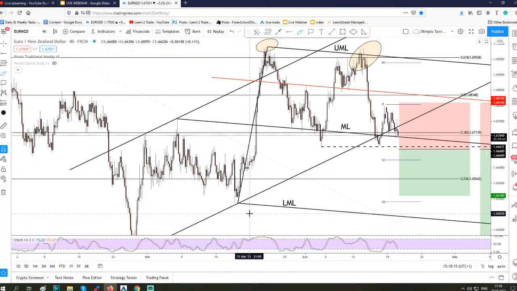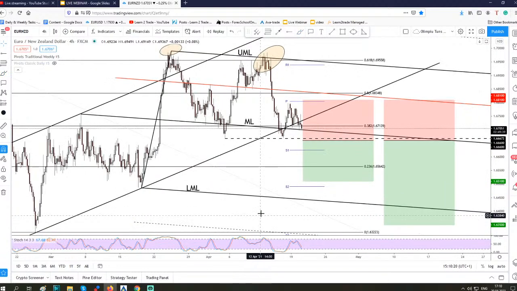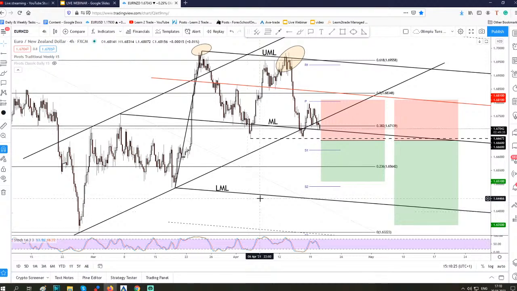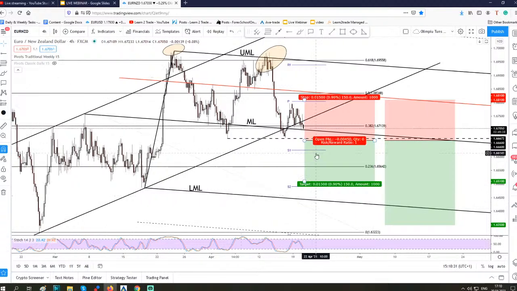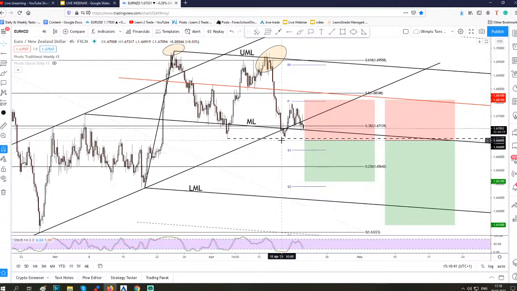For those who joined us, we placed a sell stop on the euro versus the New Zealand dollar at 1.6660, right below the former lows, because the price could escape from this up channel.